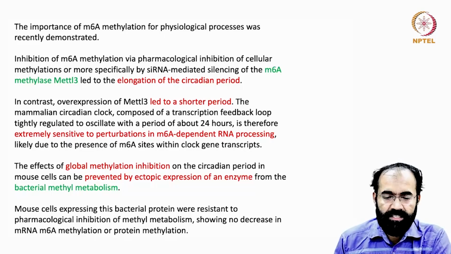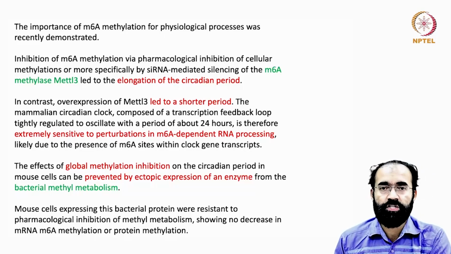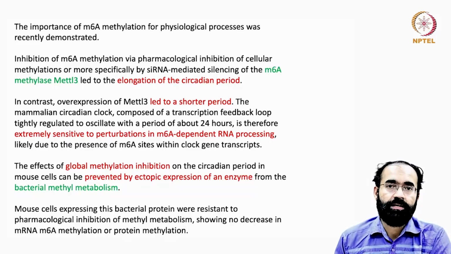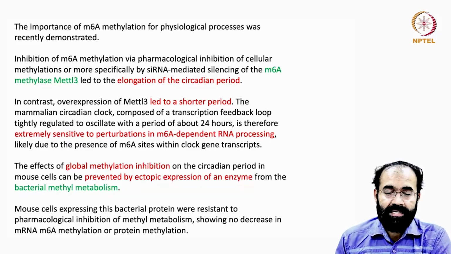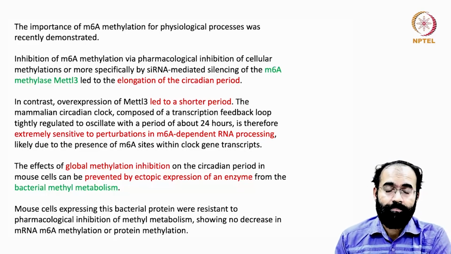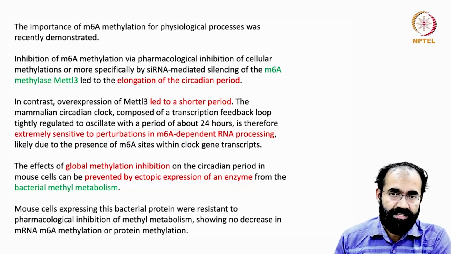You can guess it: if you overexpress a methylase, naturally more RNA residues will be methylated, and what will that cause? They will overfunction, they will perform much stronger. They will get translated, and because of this you will have a shorter time. This RNA should have been translated in a fixed amount of time.